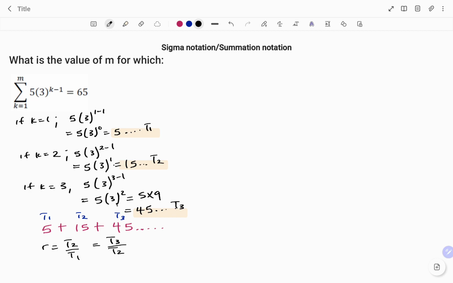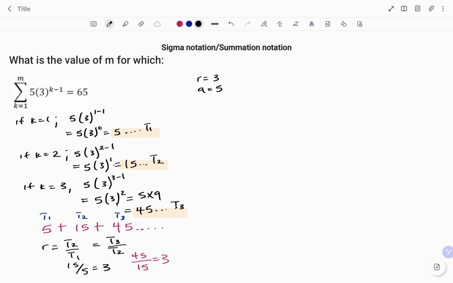I have T2 over T1, that's 15 over 5, and that will be 3. The quick check is T3, which is 45, divided by 15, and that's 3. So yes, my common ratio is 3. So I have R equals 3, and my first term, which is also my T1, equals 5.